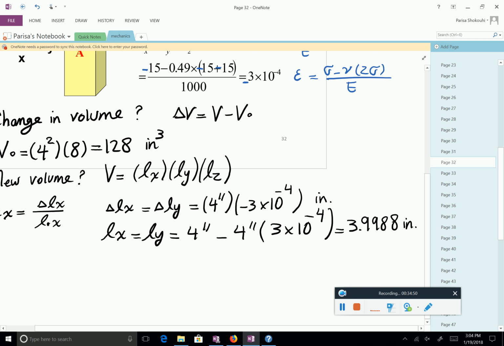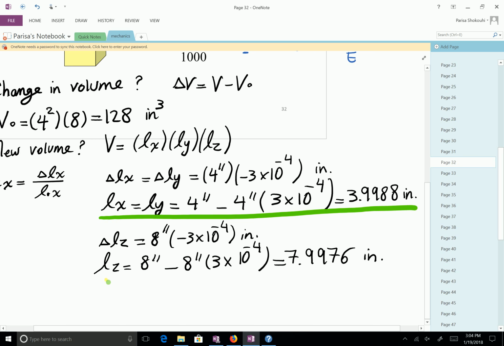And it turns out to be 7.9976. So this is the new dimension.